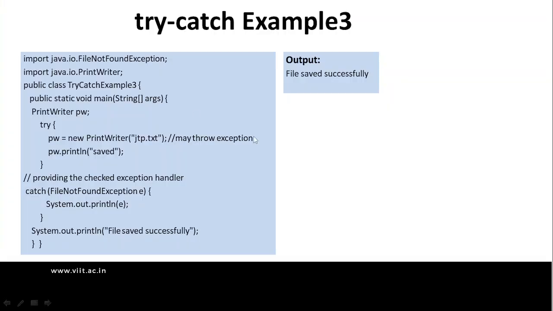This third example is of PrintWriter opening a file, but if the file is not available, this will throw the exception.